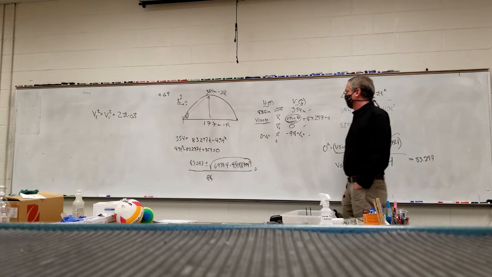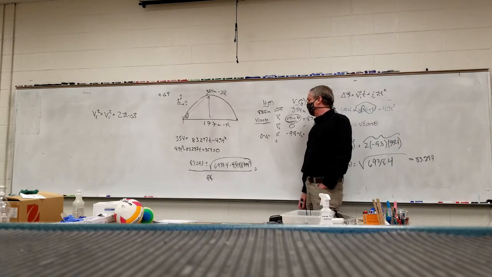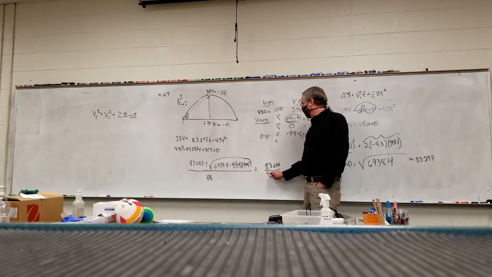Actually, isn't that, no, it's not. It is zero. The square root is 0. Yeah. All right, we need the square root of zero, okay. So we get 83.297 divided by 9.8.